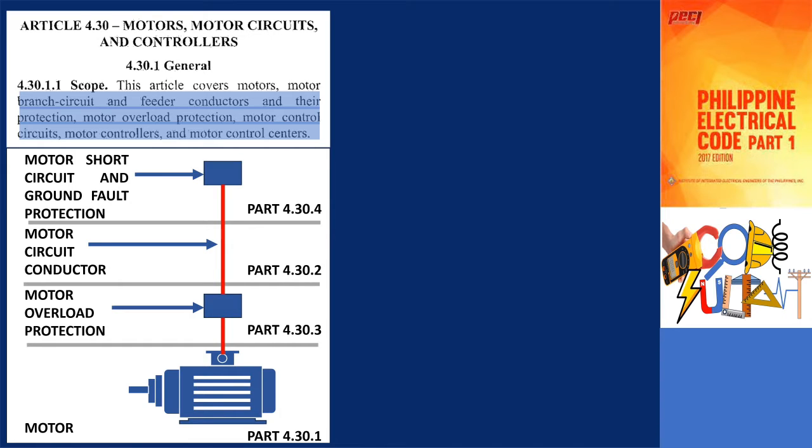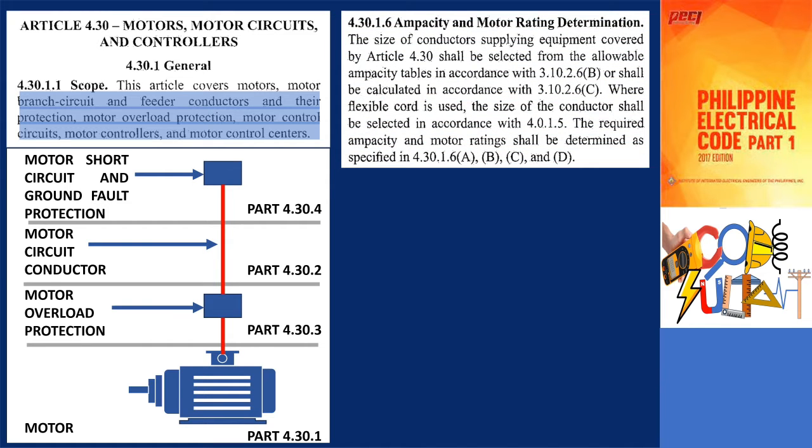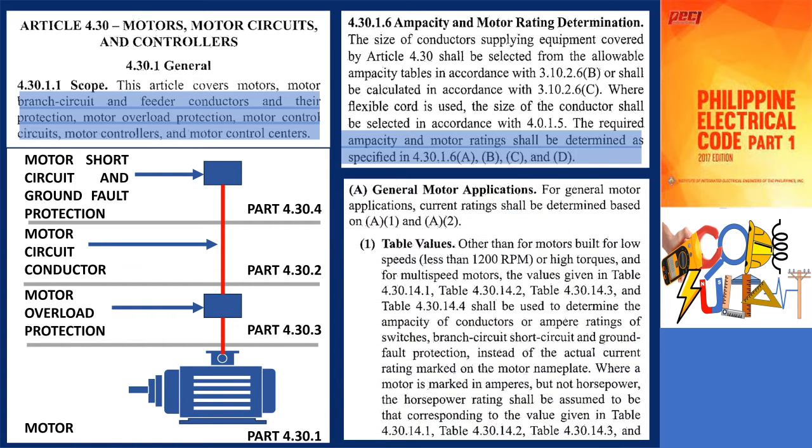According to the electrical code, the ampacity and motor ratings required for a given application shall be determined as specified in 4.30.1.6a, b, c, and d when determining the current rating for general motor applications. Subsections A1 and A2 should be referenced. Tables 4.30.14.1 through 4.30.14.4 provide motor full load current values that can be used to determine the ampacity of conductors in motor circuits.